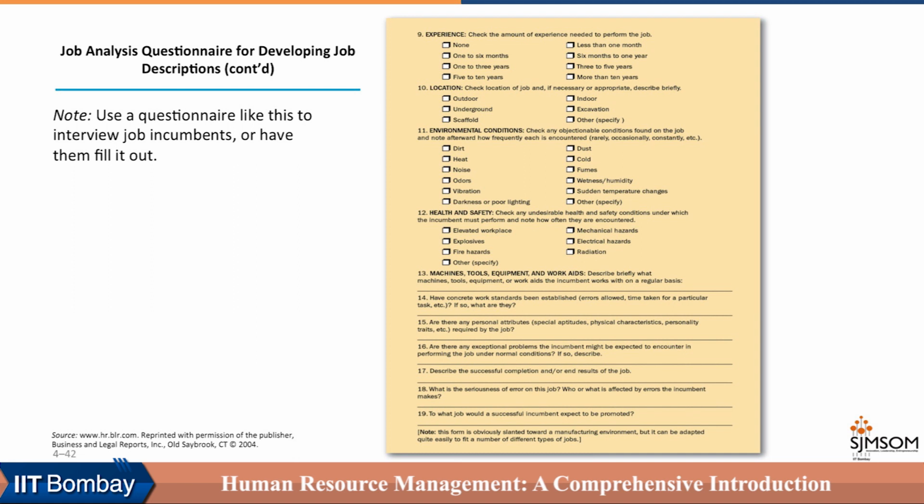The first part was more structured and the later part is more open ended, where the questions are like describing the successful completion or end result of the job, and what is the seriousness of error on this job. These are open ended qualitative questions which tell about the nature of the job and help in writing the job analysis.